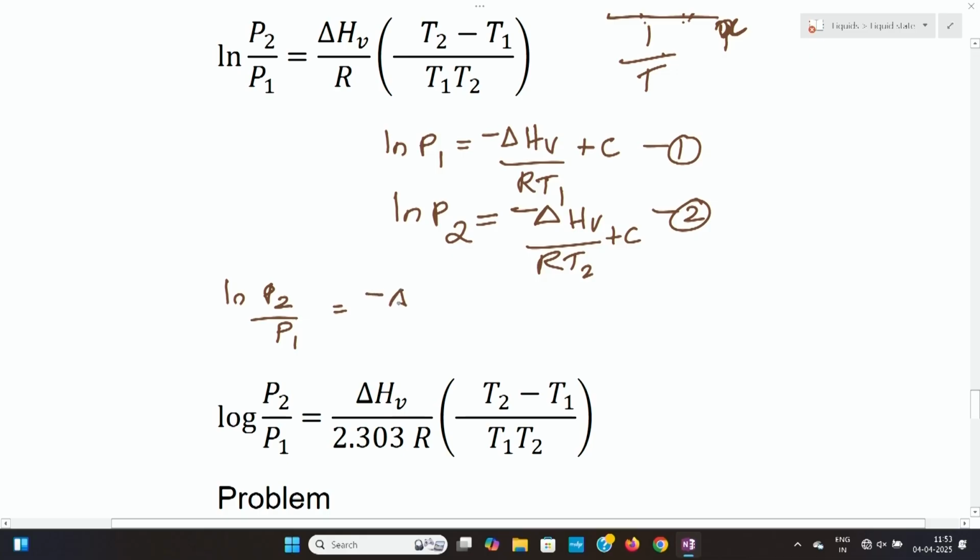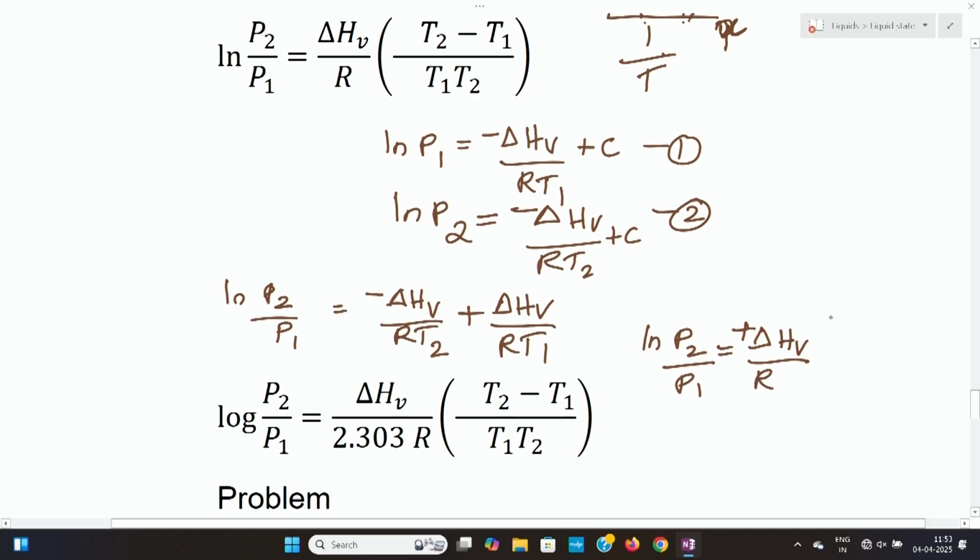And here the equation becomes minus delta HV by RT2 minus of minus delta HV by RT1, that is nothing but delta HV by R. Okay, this will become ln P2 by P1 is equal to plus delta HV by R into 1 by T1 minus 1 by T2.